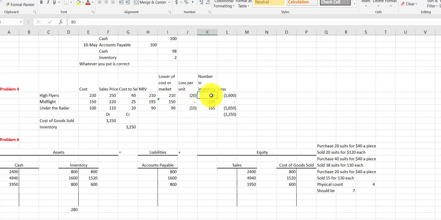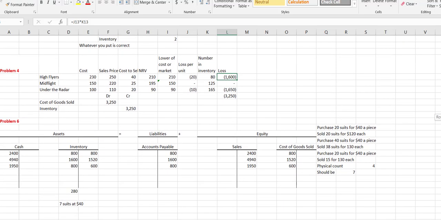We multiply it by the number we have in inventory, and we get our total loss. Add them together, we get $32.50. You could make 2 journal entries, one for $1,600, one for $1,650, up to you. Not a big deal, but we're going to debit cost of goods sold, and we're going to credit inventory for this total, or you're going to do it in 2 pieces, but the result will be the same.